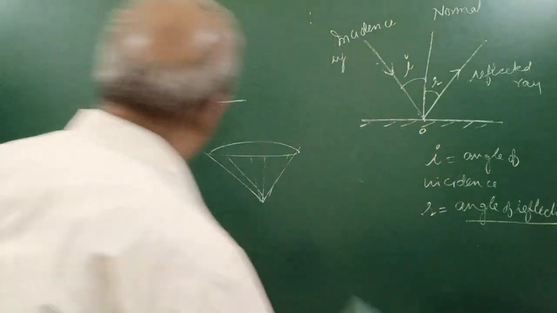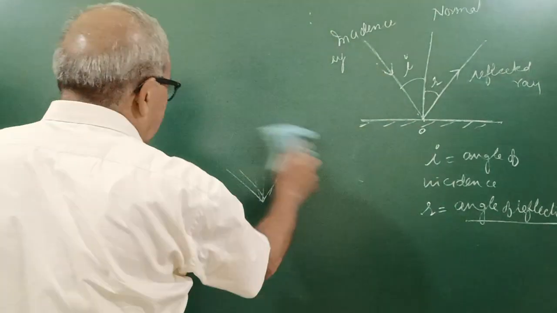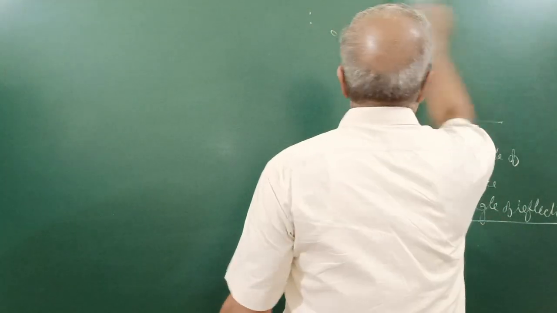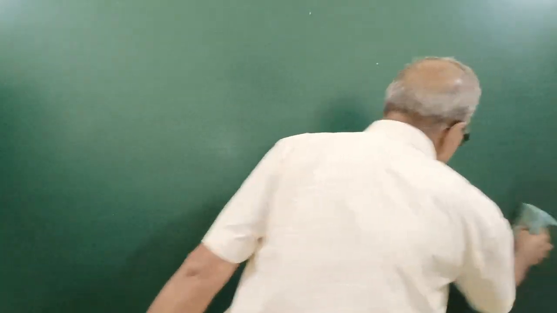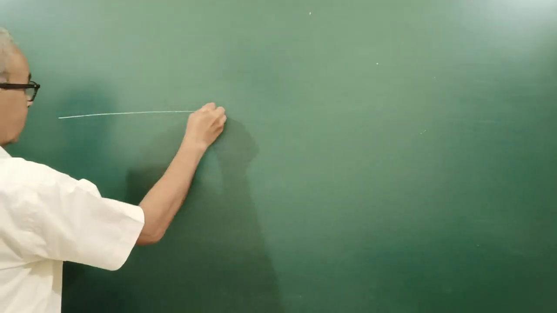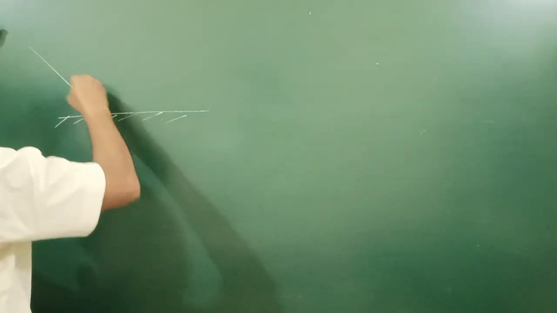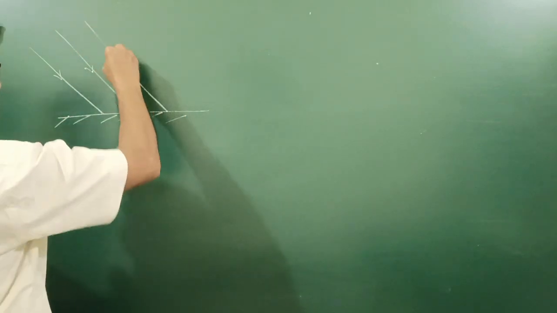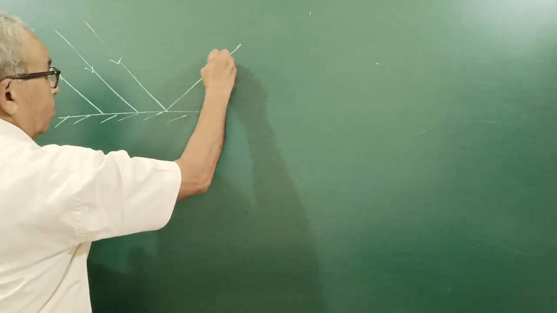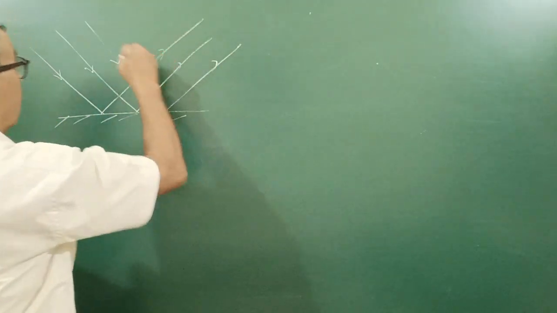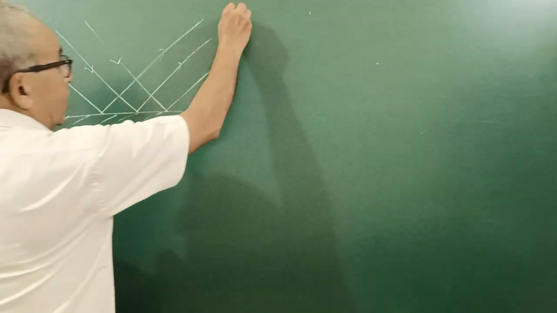One thing more in the same video. There is a term, regular and irregular reflection. Regular reflection: I am drawing the diagram here. Suppose the plane surface is smooth and a parallel beam is incident on it. If it is reflected back as a parallel beam, it remains a parallel beam.